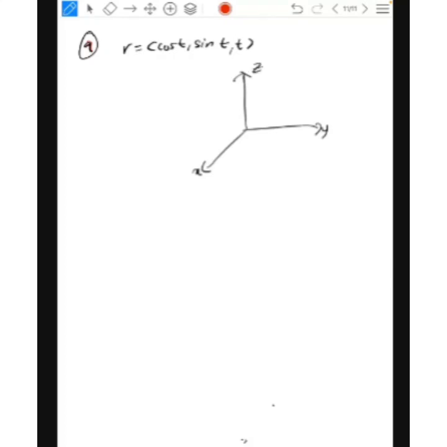Okay, so from cos to sin, it goes there, and then it goes up. Okay, so this is what you have. And then find and draw R prime pi over 4. So R of pi over 4, where t is pi over 4.